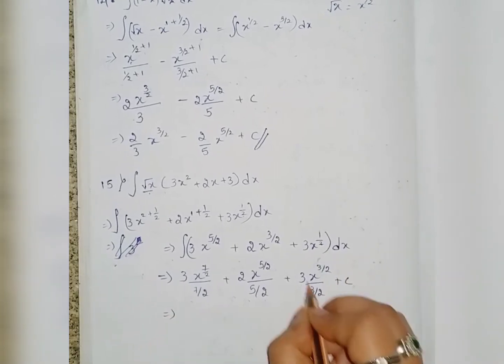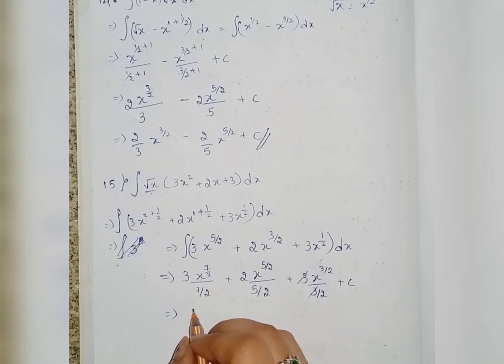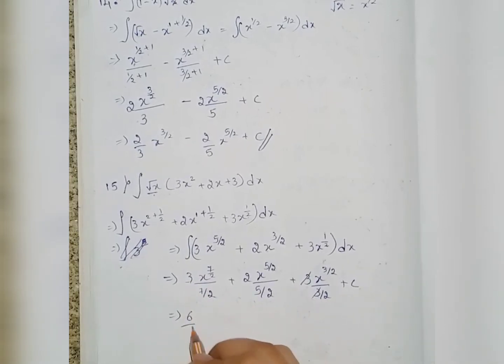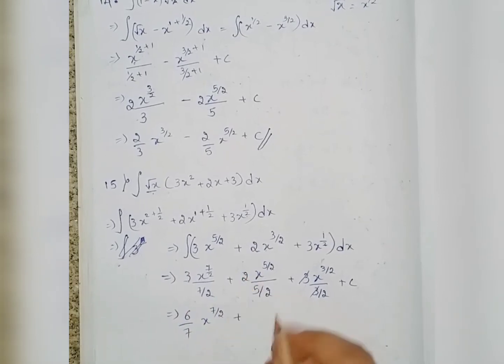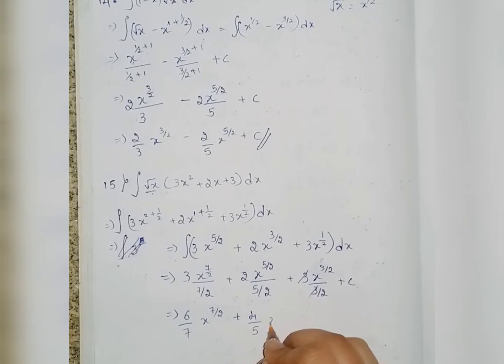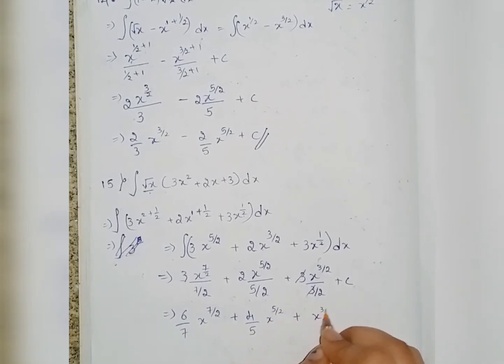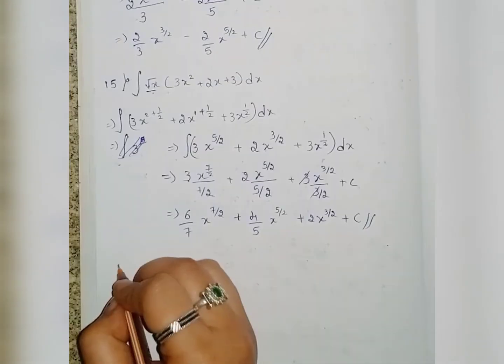Now this 3 gets cancelled and this 2 goes to the numerator, which gives us 3 2s are 6 by 7 x to the power 7 by 2, plus 2 2s are 4 by 5 x to the power 5 by 2, plus 2 x to the power 3 by 2, plus c.